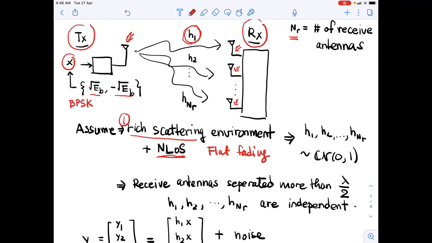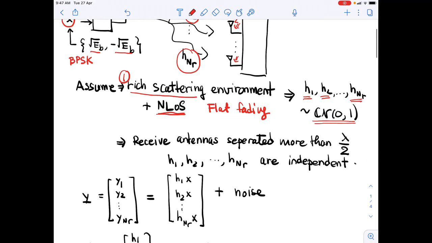From the transmit antenna to the second receive antenna is gonna be H2, etc., to H subscript NR. Since this is gonna be rich scattering and there's no line of sight, when the signal comes to the receive antennas, it's gonna have this Gaussian distribution. So we assume that H1, H2 to HNR are complex Gaussian with mean 0 and variance 1.